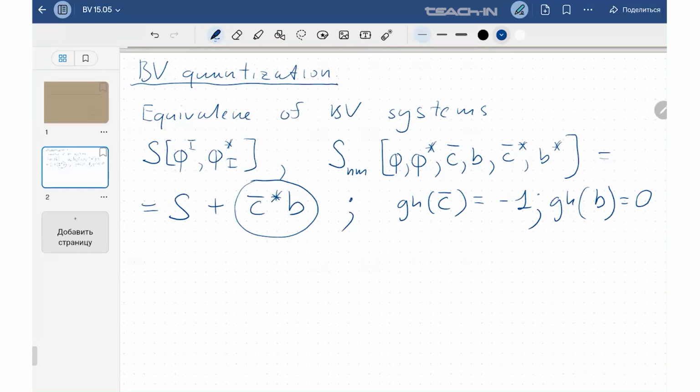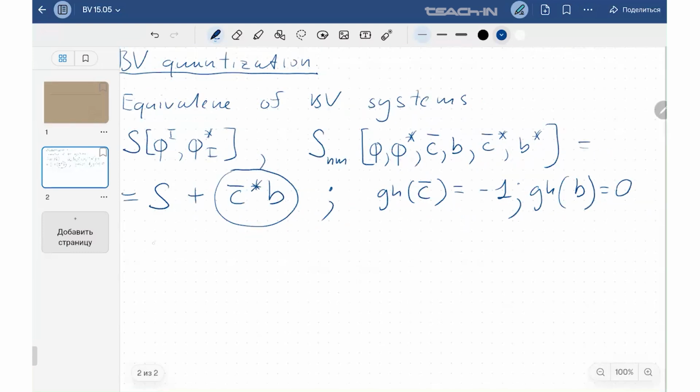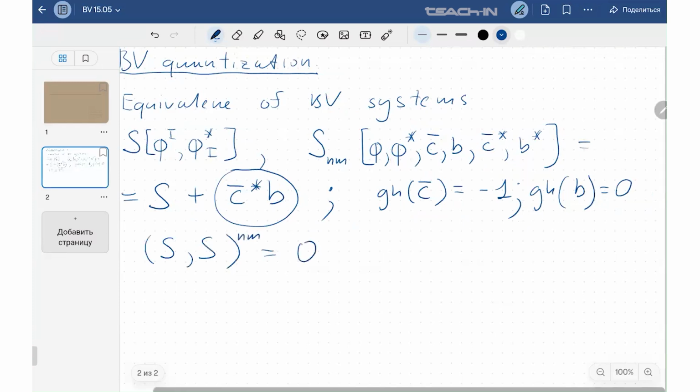So of course it means that we immediately conclude that our S satisfies the master equation in the extended, non-minimal anti-bracket. And of course, it is natural to say that this non-minimal BV system is equivalent to the initial one, right? Because what is the meaning of this system?